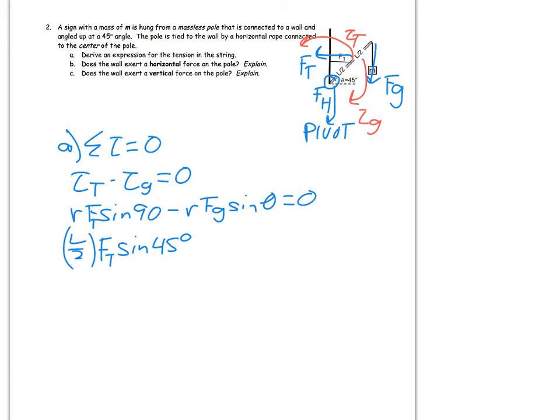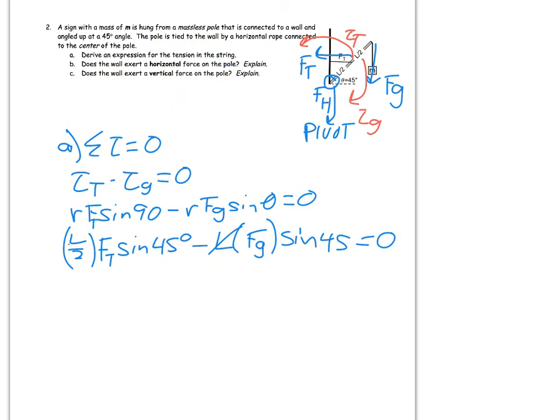Then minus r, the radius for this force, and that acts at a distance of L from the pivot, times the force of gravity, times sine of 45. I can get that from thinking about this right triangle here. It needs to add up to 180, so if this is 45, that angle is 90, this one must also be 45. And that's going to be equal to 0 here.